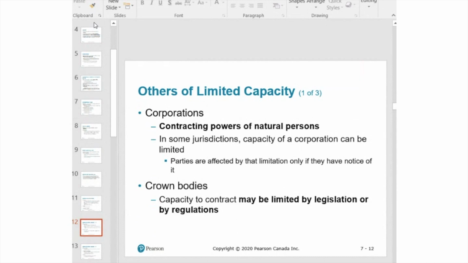Also, crown bodies. Crown bodies, governmental companies, they have their capacity. They may have their capacity limited by the legislation that created that company. So here in BC, we have the Insurance Act, and the Insurance Act created ICBC.